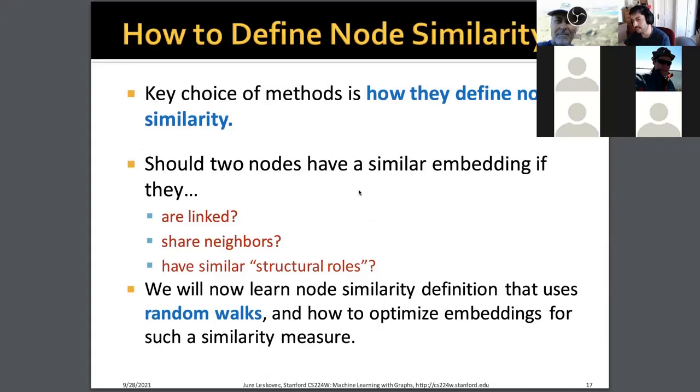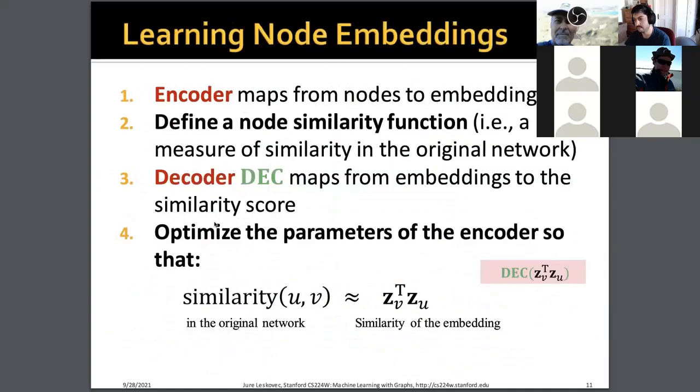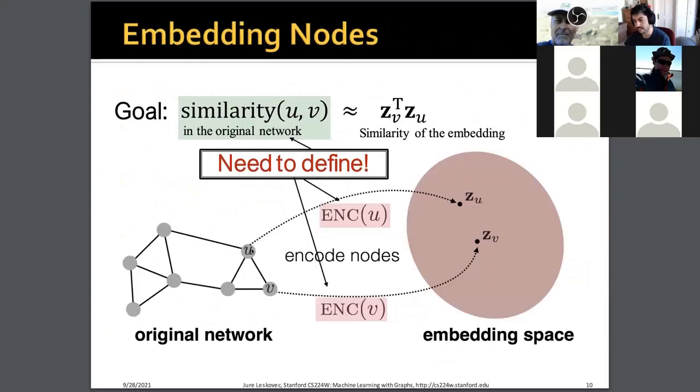Looking at how we define node similarity, there's a bunch of different ways that we could do this. Directly, are they neighbors? Like in this graph back here, we could say, okay, U and V, they're neighbors, so they are similar, or various different things like that.